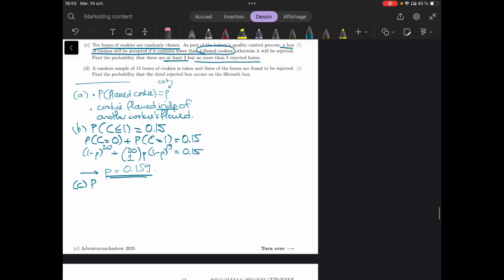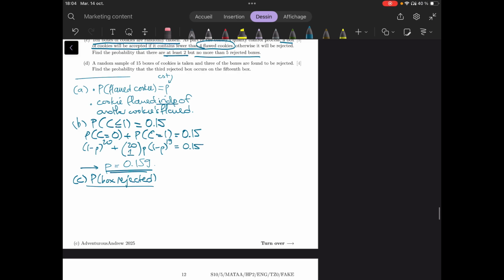So we have to find that. P of box rejected. We know that a box is rejected if it contains more than or equal to 4 flawed cookies.